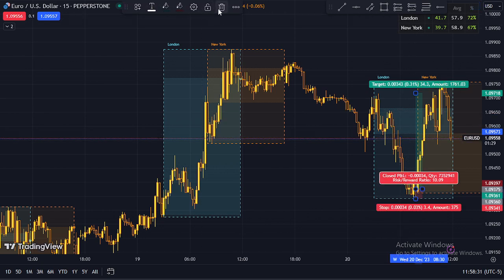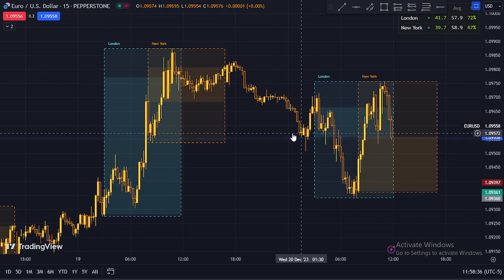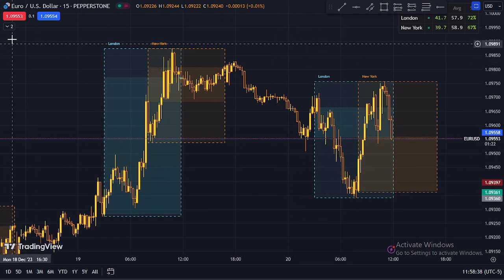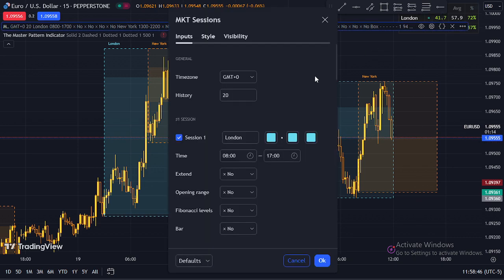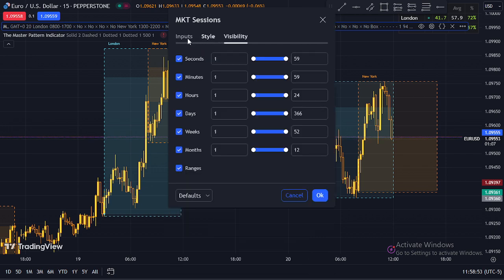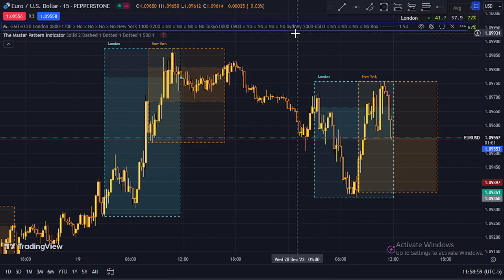clean price action. If you'd like to get this indicator, you just go to the indicators tab right there. Let me show you. It's called the market session indicator.